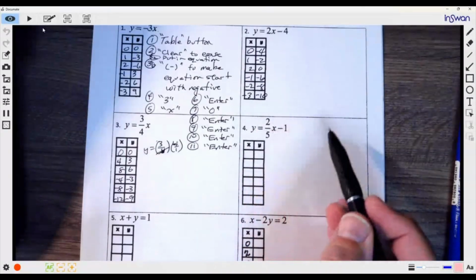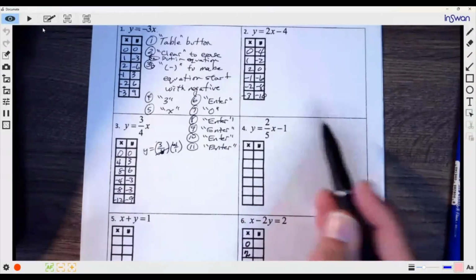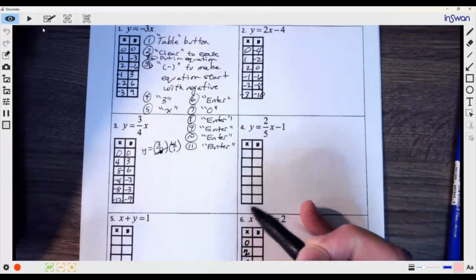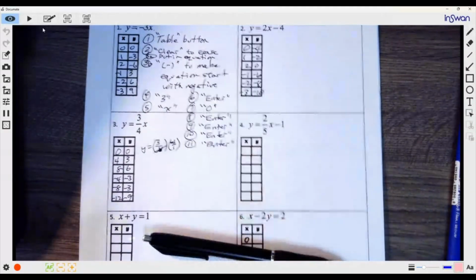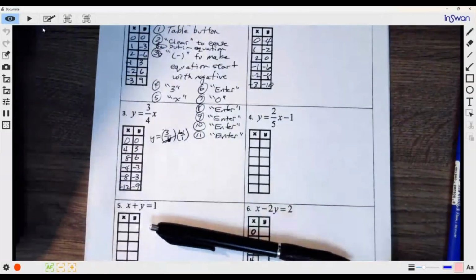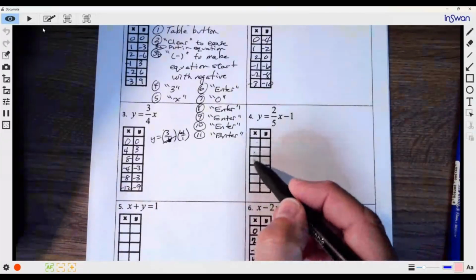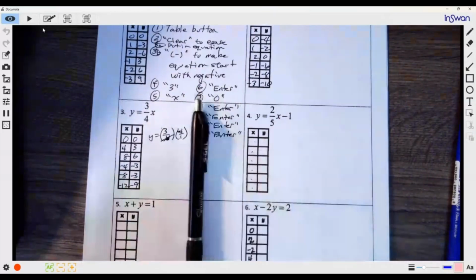I want you to put it in, and I want you to get a table of values and tell me what you get for your 5th value. 1, 2, 3, 4, 5, 6.